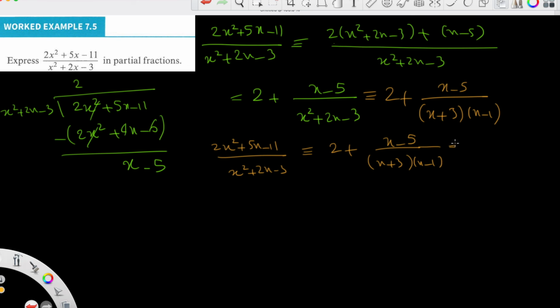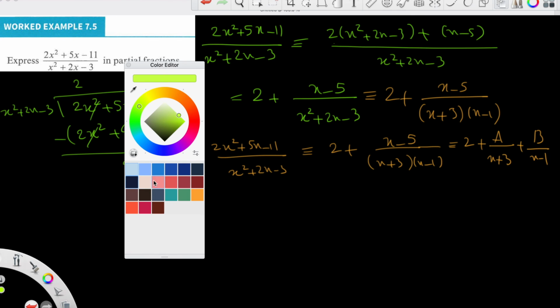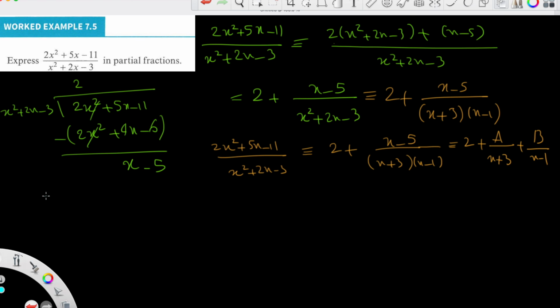Now this fraction can be split into the first case, two distinct linear factors, a over (x + 3) plus b over (x − 1). Now I write it separately here. What we need to actually do here is split this part, (x − 5)/((x + 3)(x − 1)), into partial fractions: a over (x + 3) plus b over (x − 1).